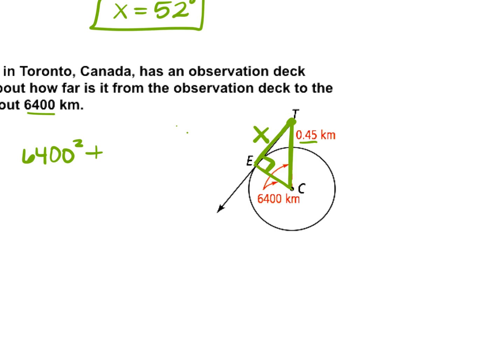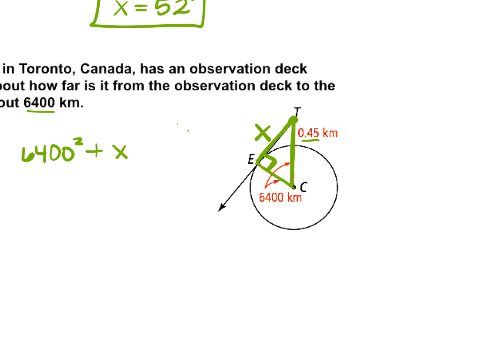So make sure you're adding your legs together, keeping the hypotenuse by itself. So 6,400 squared plus x squared equals what? 6,400.45 squared. Yeah, this right here is still a radius, right? 6,400. We just have to add this little piece.